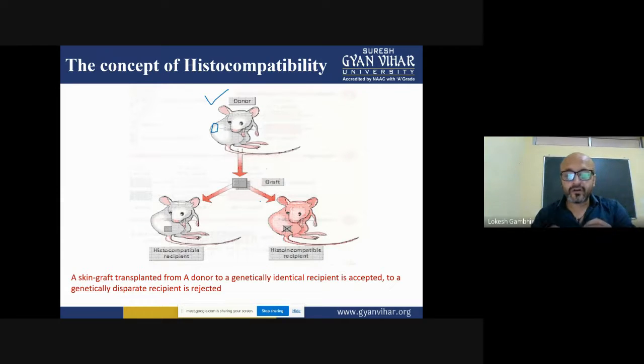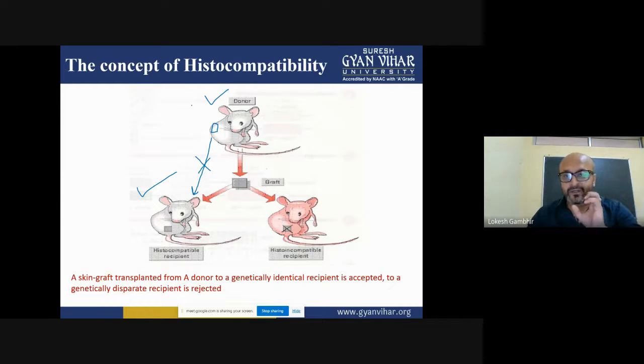In order to accept the other individual's component or tissue, the recipient immune system should say yes, and only then will it be accepted, otherwise it will not be accepted. Who decides what to take inside our body and what not to take is our immune system, in terms of a graft transplant.